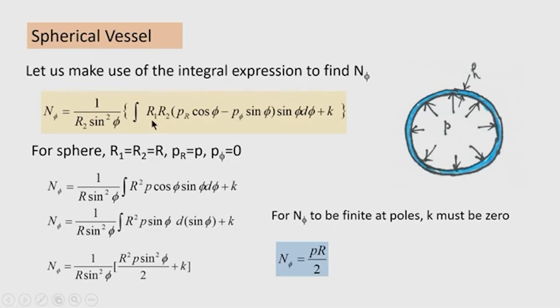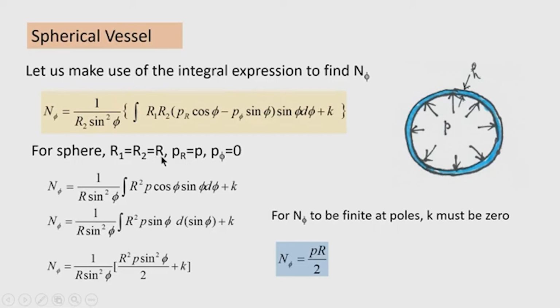Now, p r is the component of the load in the radial direction. Here, the load is the uniform internal pressure P, and p phi is the load acting along the meridional direction. Now, for the spherical vessel, the principal radii of curvature r 1 equals r 2, and it is equal to the radius of the sphere, r.